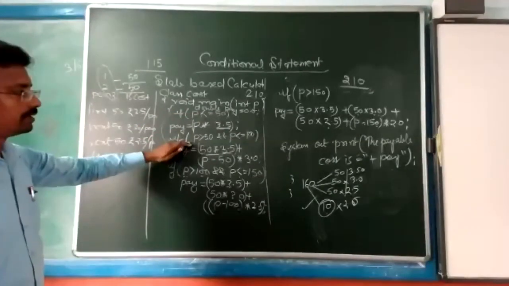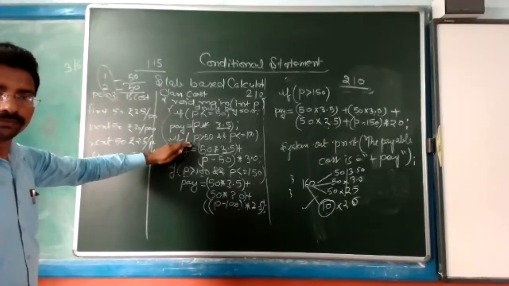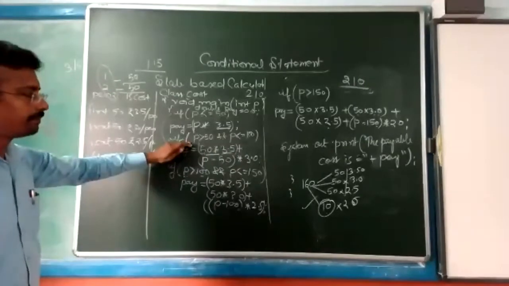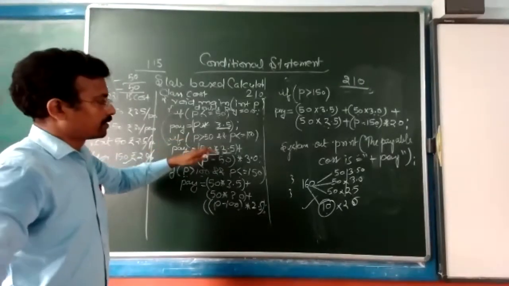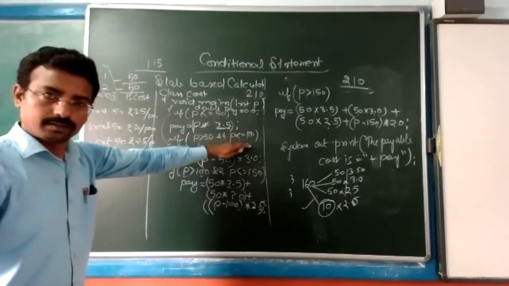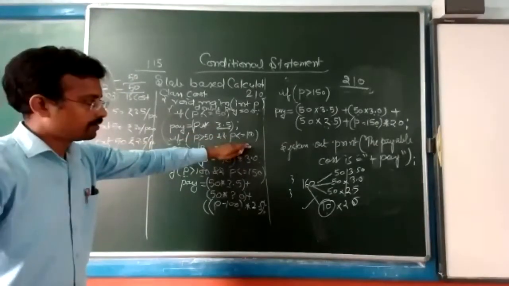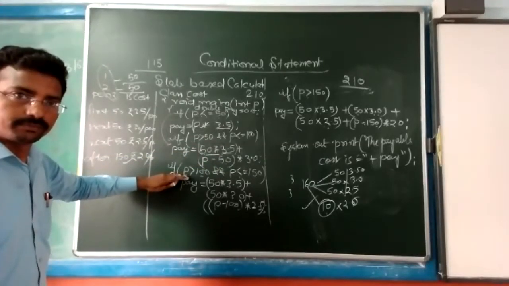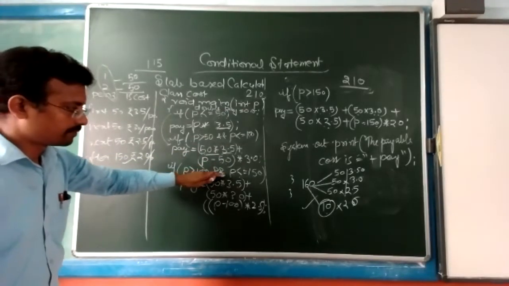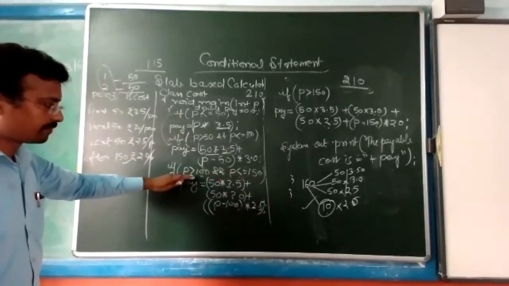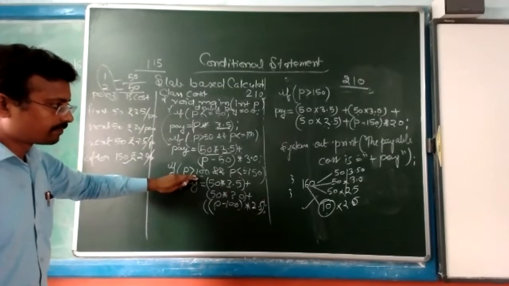It will not execute the value of pay. It will come directly to the next if. 210 is greater than 50 and less than 100. This is also false. Then again it will be checked, p is greater than 100 and less than or equal to 150. This is also false.